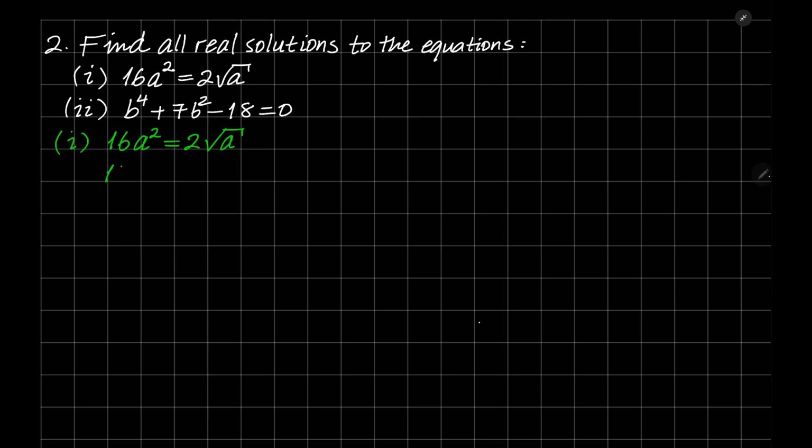That means 16a squared divided by 2 is equal to 2 square root of a divided by 2. Then 8a squared is equal to square root of a.